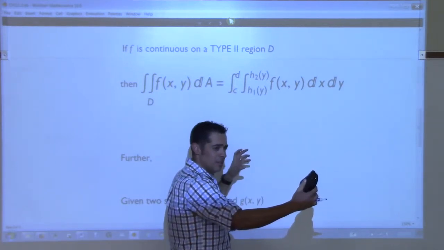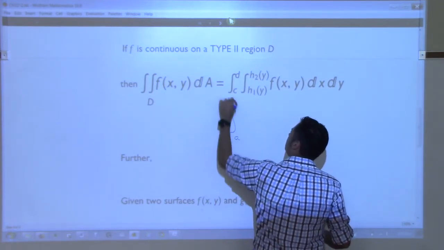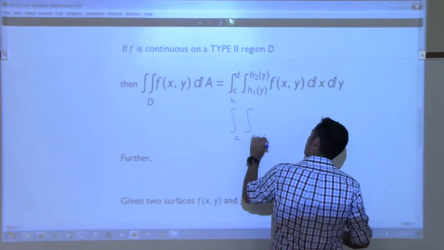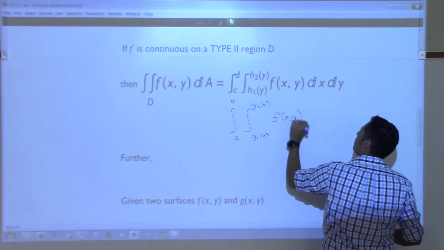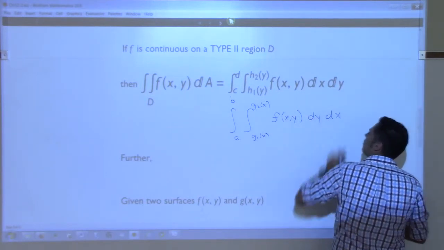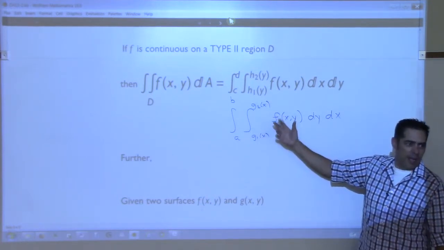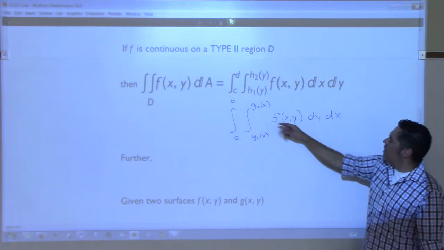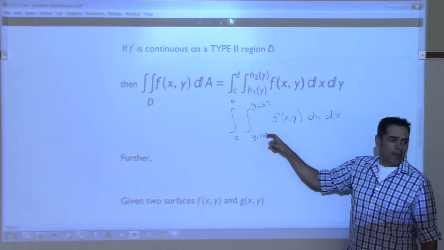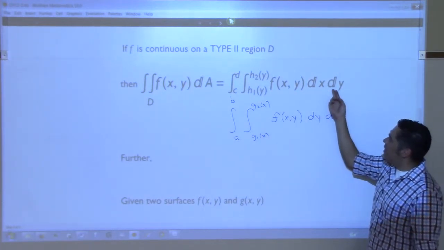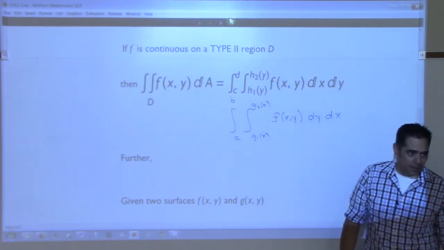So the first integral has the constant, the second integral has the function. That's the same for type 1 and type 2. The only difference between the two is that dx and dy flip. Yes, but these functions are going to be different also. If dx is on the outside, then your inner integral's limits of integration are going to be functions of x. If your dy is on the outside, then your inner integral's limits of integration are going to be functions of y.